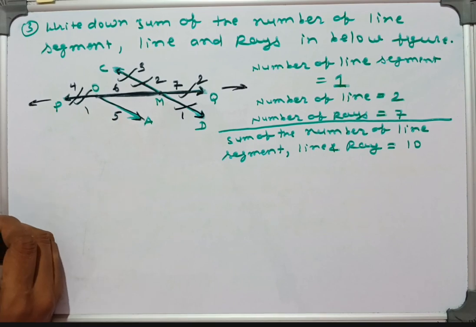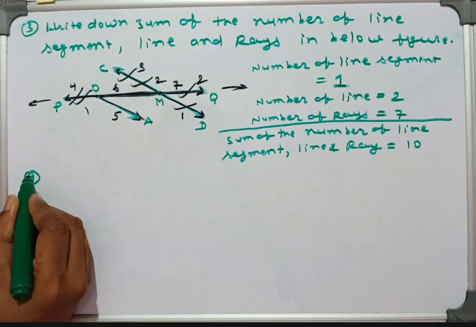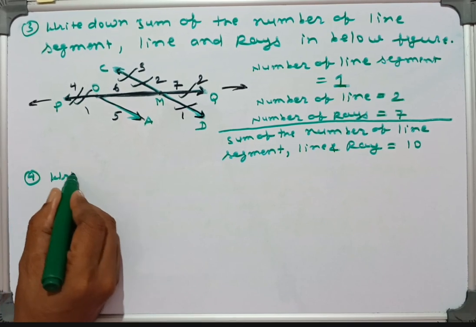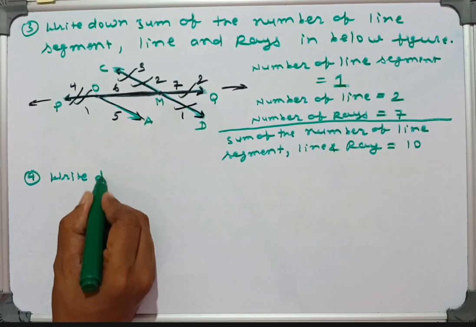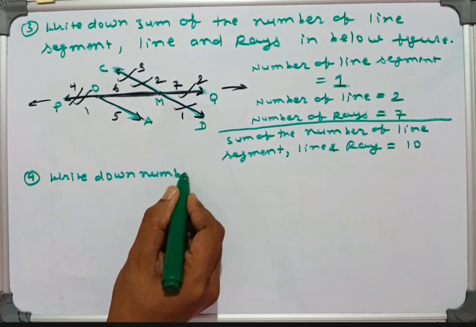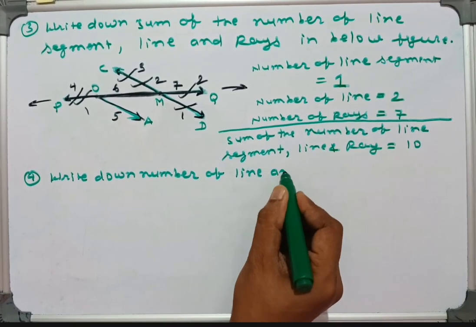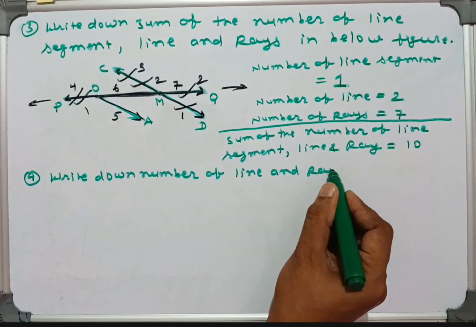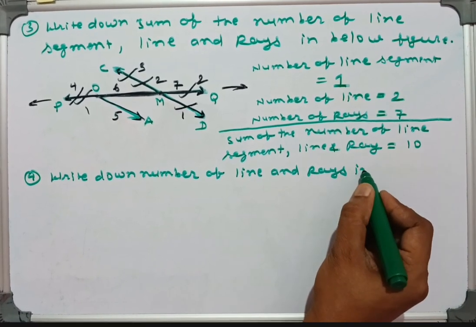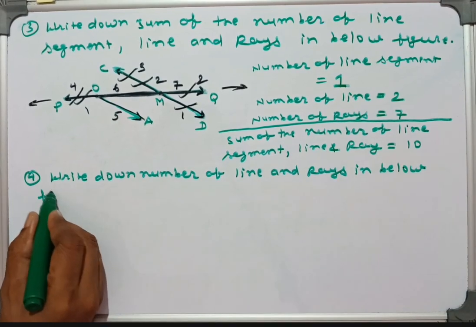Now take another example, or you can say the fourth question. Write down the number of lines and rays in the below figure.